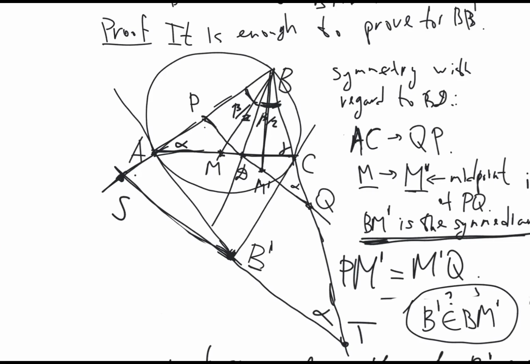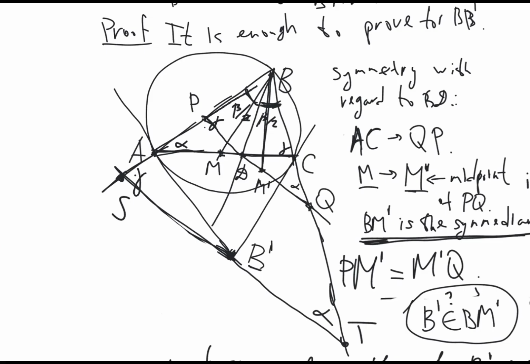So the angle BPQ is gamma because of the symmetry with the angle BCA. BPQ is symmetrical to the angle BCA, and because of the parallel, it's equal to this angle gamma. Right?